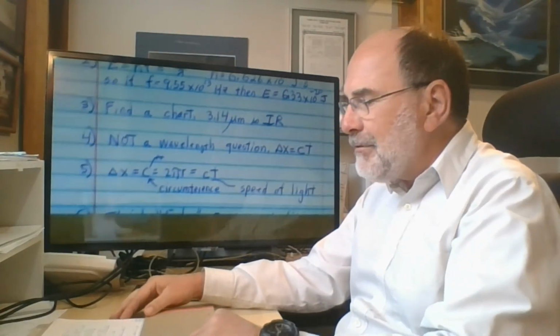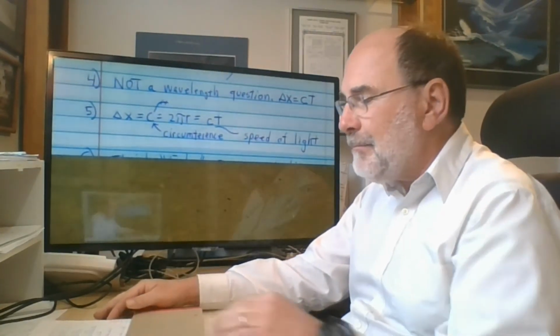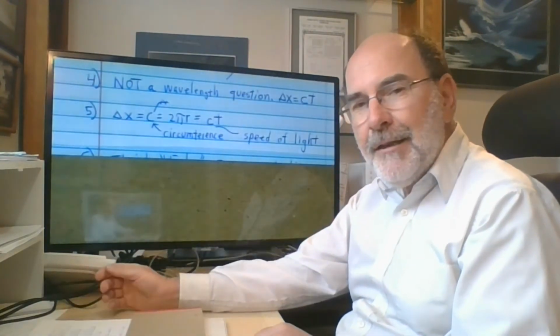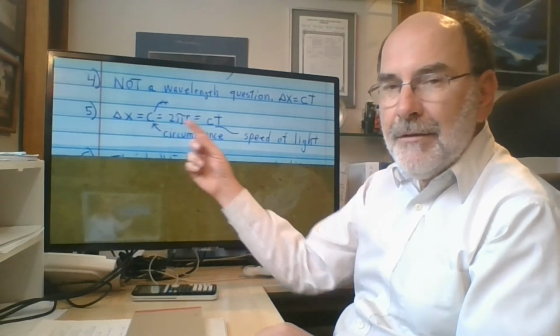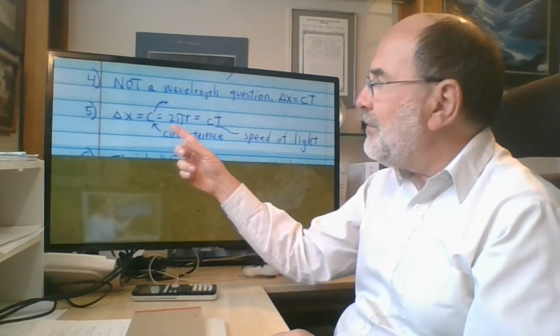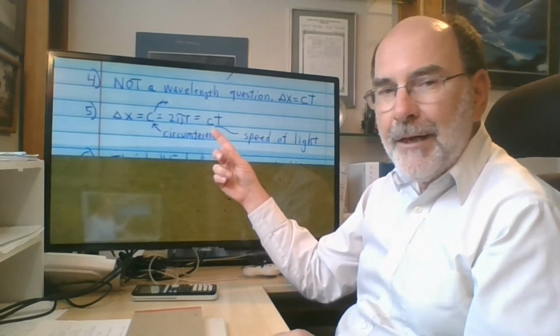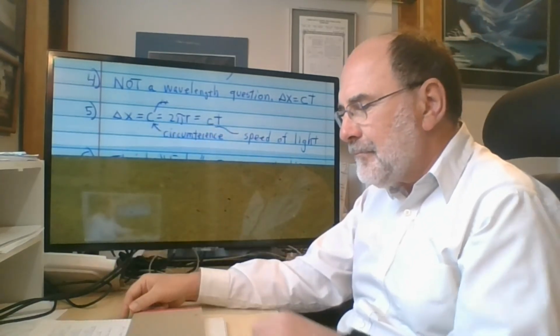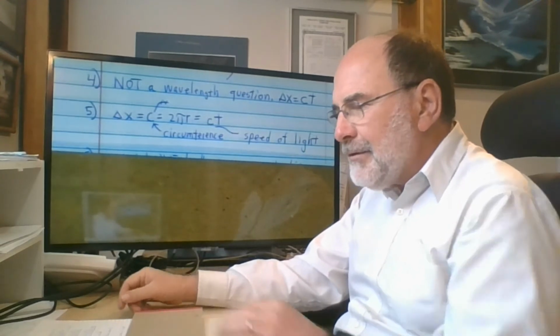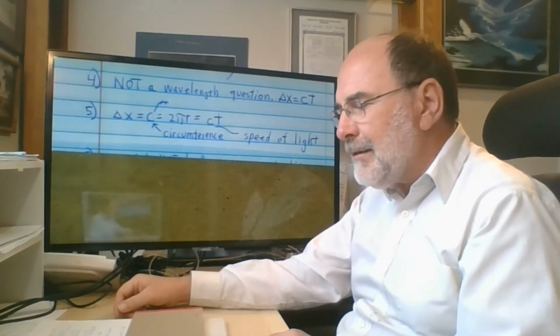And here I have a capital C and a lowercase c, so try not to mix them up. Distance equals speed times time. In this case, the circumference is the distance that you're traveling, and the speed of light is the rate at which you're traveling. So lowercase c, capital C. Calculate away.